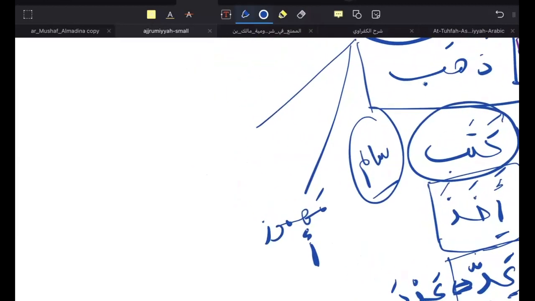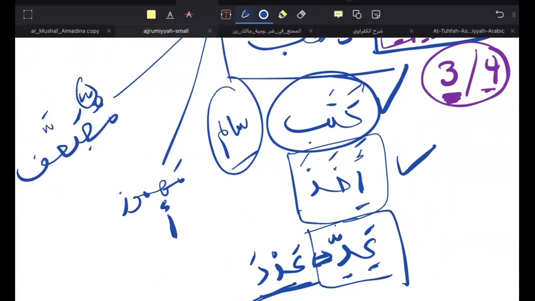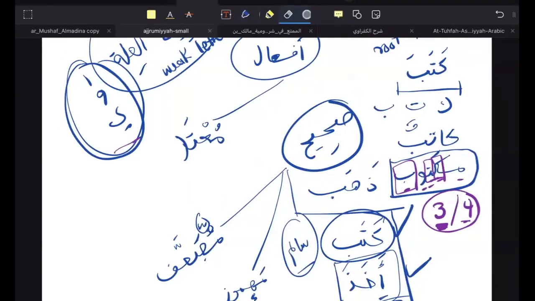And then you have muda'af, when it has shadda, when something is doubled. The example we had, that's why I gave you these three examples. The first one is salim, the second one is mahmuz, and the third one is muda'af. Here, even though we have shadda, we know that there's no huruf al-illa. And is it clear now, sister? Sahih would be the bigger branch. The only thing we're concerned about with sahih is that there is no harf al-illa.